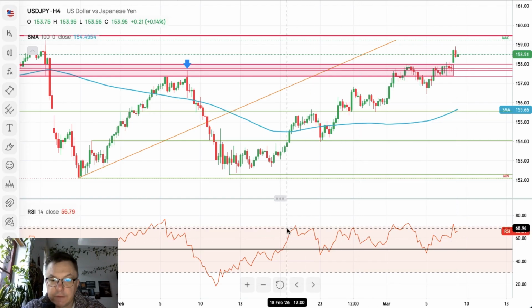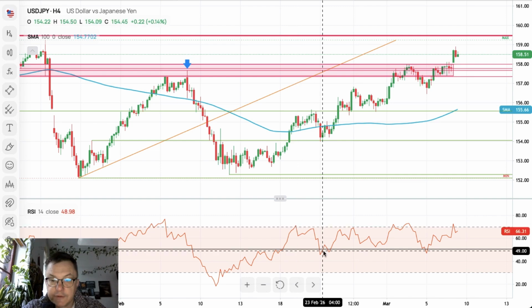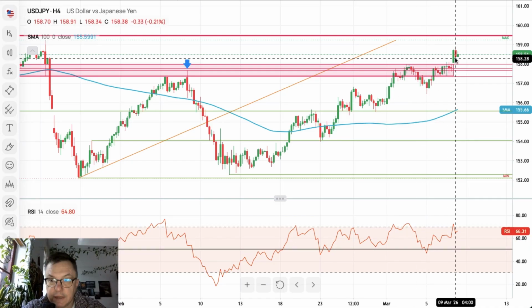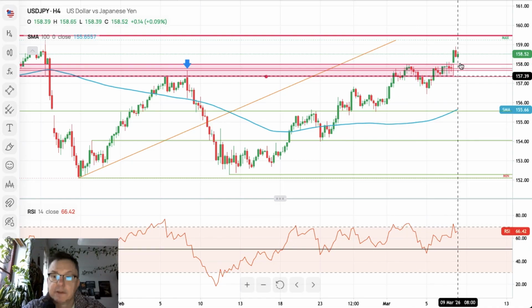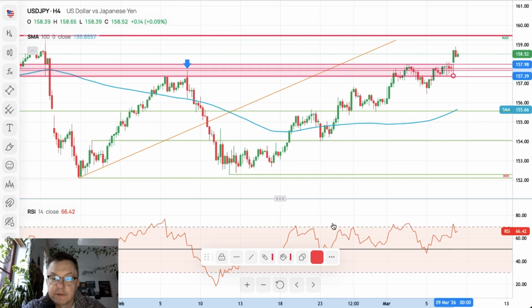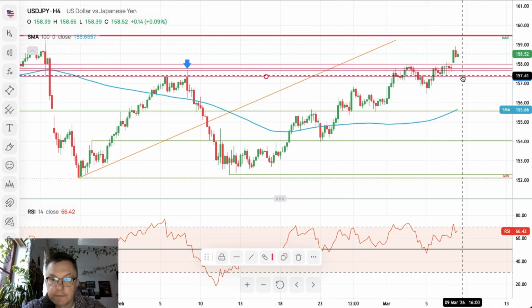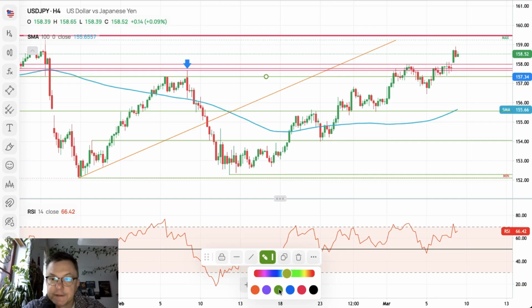Please notice the momentum. We go from the extremely overbought conditions briefly towards the level of 50, and then bulls are still in charge of this market. Now some sort of movement to the downside should be done.